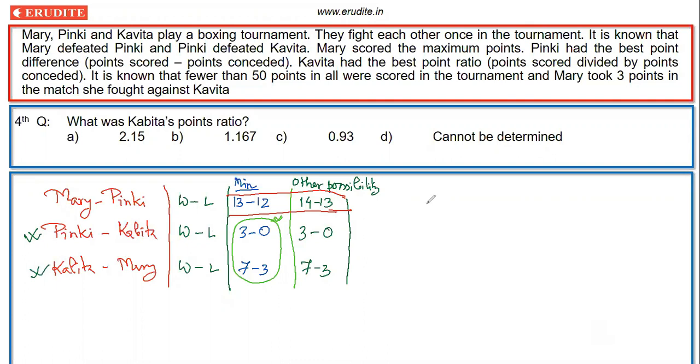So due to that reason, Kavita's point ratio will come as Kavita scored 7 and conceded 6. That is the maximum I need to keep. So it is 1.167. That means in this case the answer would be option B. But for others, we cannot say, because others are appearing in different places.